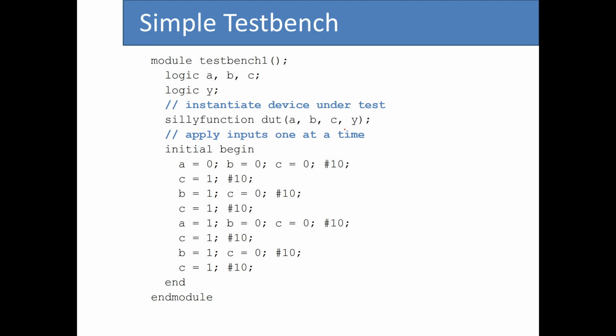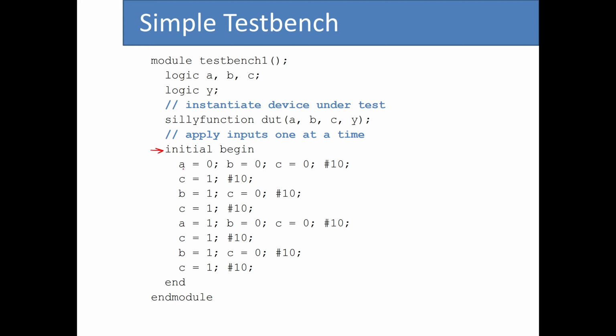Then we have to go through all the individual possible combinations of the inputs. We use the initial keyword, which initializes the process of checking, and then we begin. Any combination that we have falls between the begin and end.